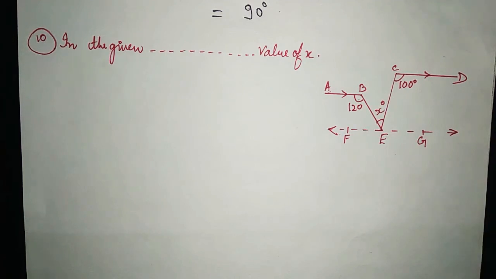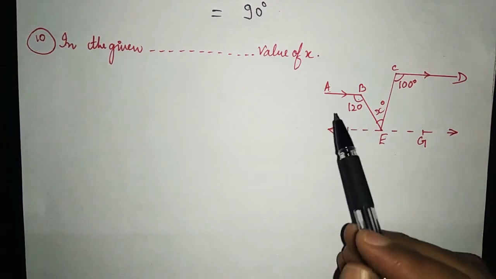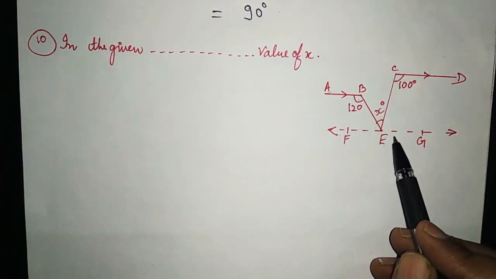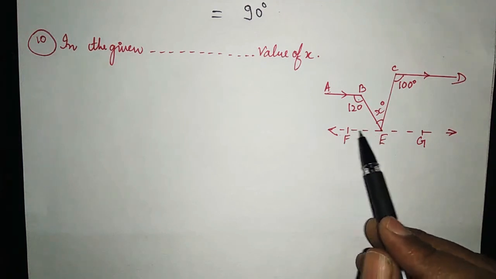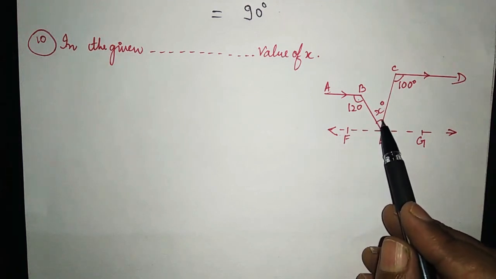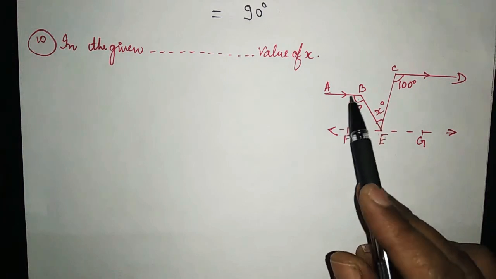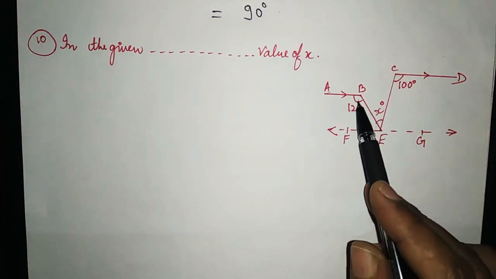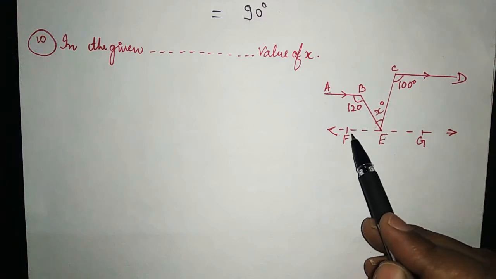Okay, here you can see that AB is parallel to line FE. For this angle x, first of all we will find this angle BEF.